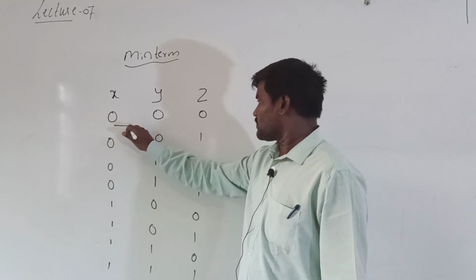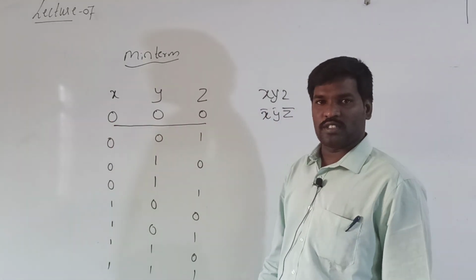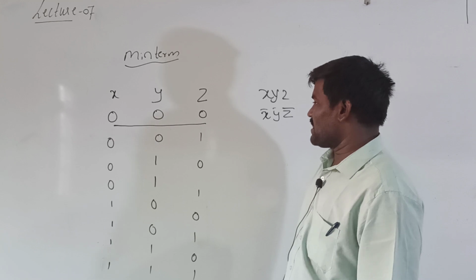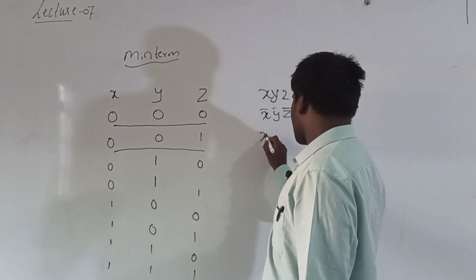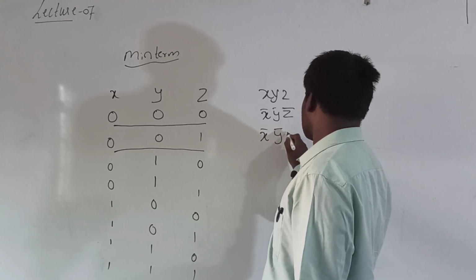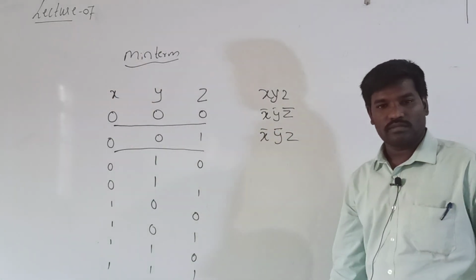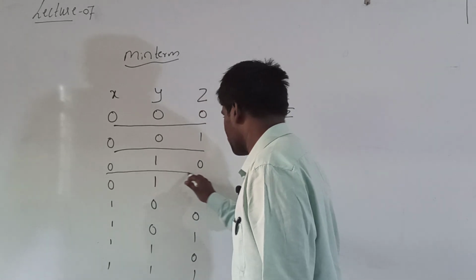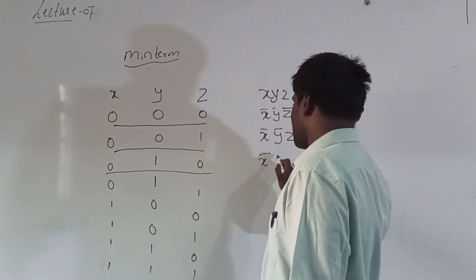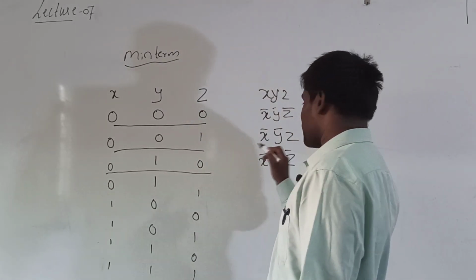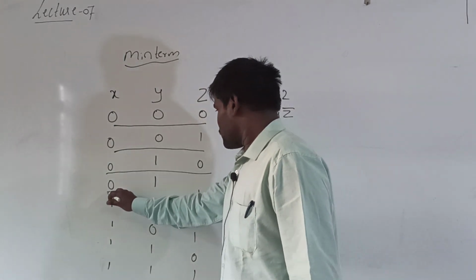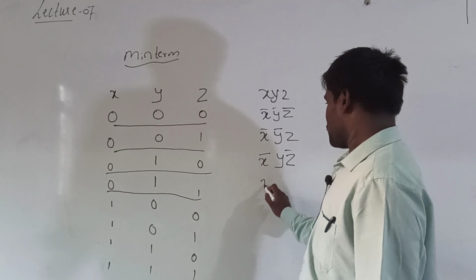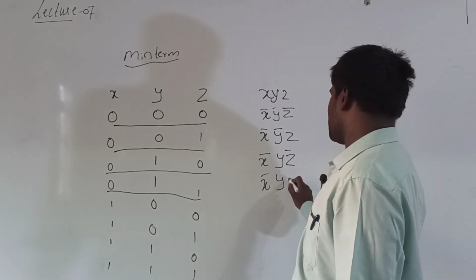Second one, first one 0 0 0, it means x bar, y bar, z bar. Second one 0 0 1, that is x bar, y bar, z. Third one x bar, y, z bar. Fourth one x bar, y, z.